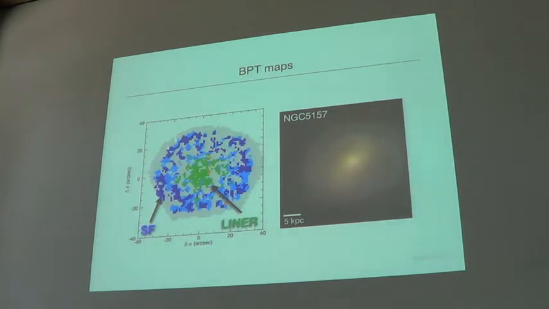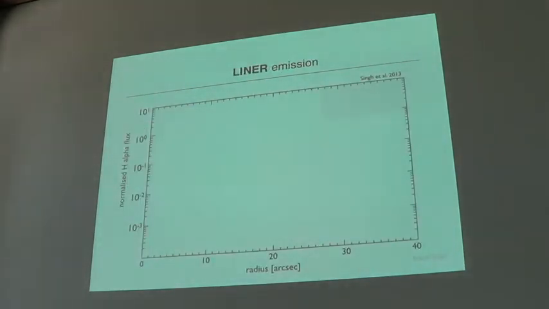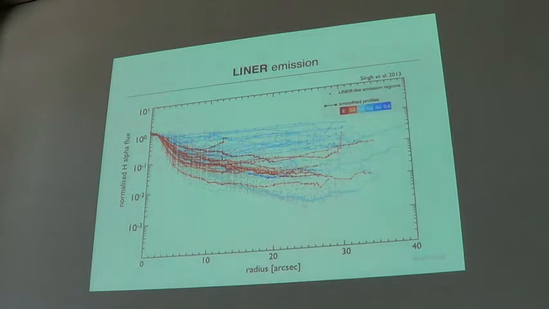And what we did in our analysis in Singh et al. 2013 was we took a sample of 48 LINER galaxies that we had so far observed within CALIFA, took all the green spaxels, disregarded all the rest, and plotted for all the LINER regions in these galaxies the surface brightness profiles. Here, normalized H-alpha flux as a function of radius, and it looks something like this. And these are the smooth profiles of these 48 galaxies.